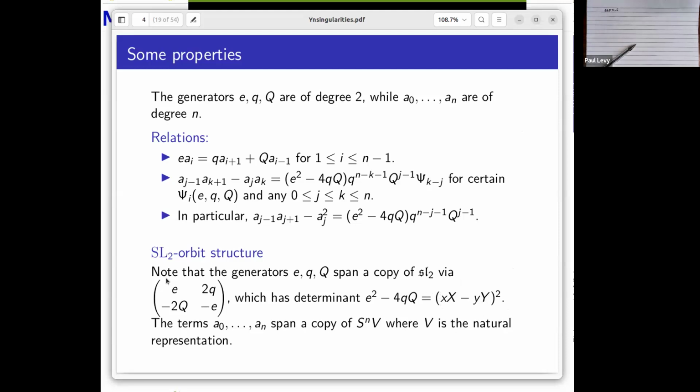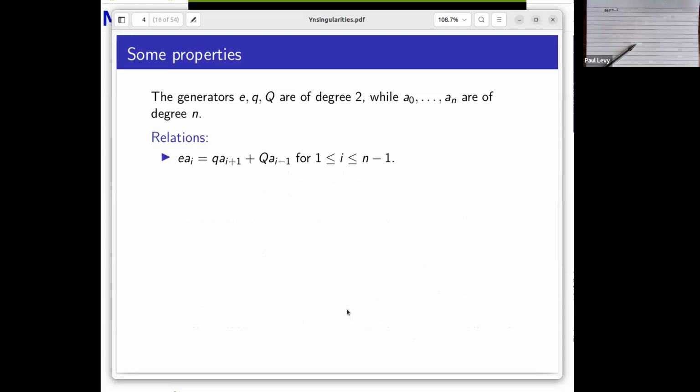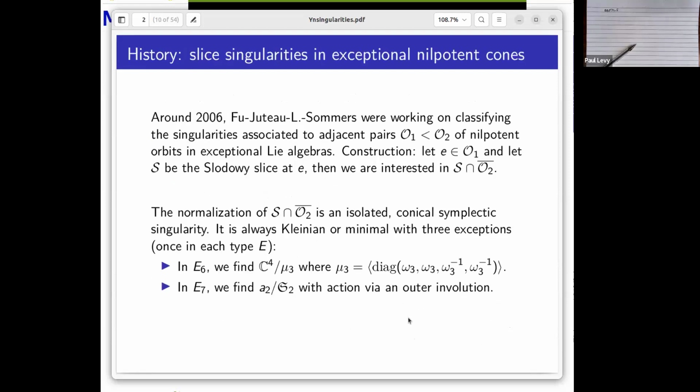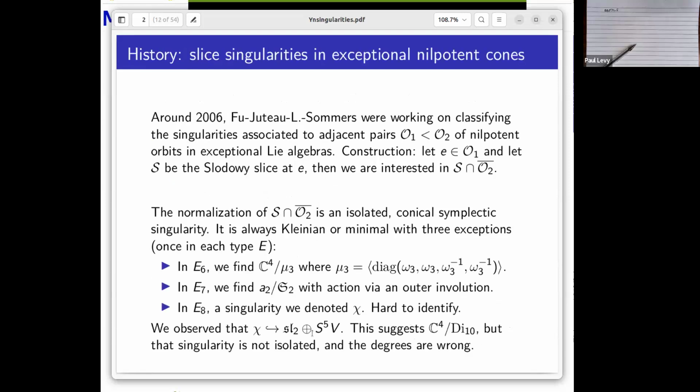Okay, so we've got an SL2 given by the generators of degree 2, and then it's not too hard to see that the elements of degree n span a copy of this SNV. So this goes back to what I was saying. If you have n equal to 5, this says that there's an inclusion of the quotient into SL2 plus S5V. Okay, which here I said this chi embeds into SL2 plus S5V.